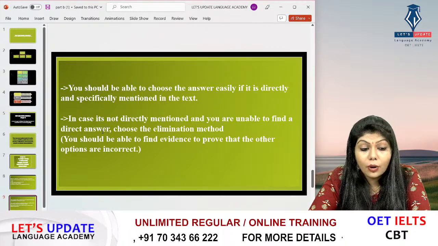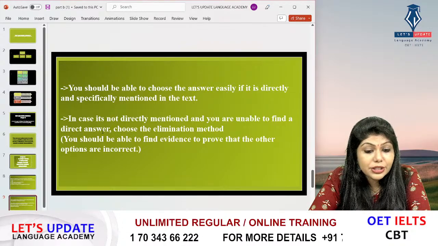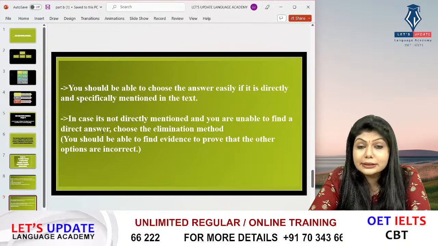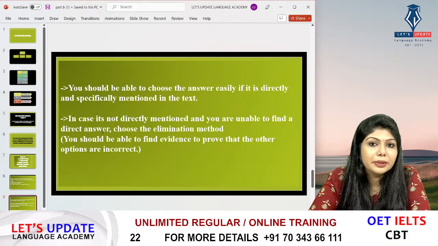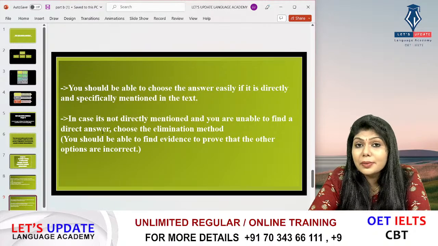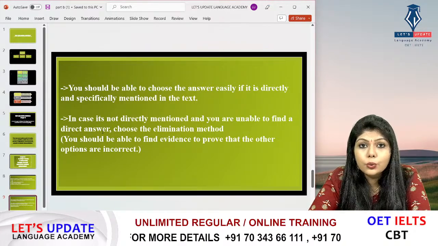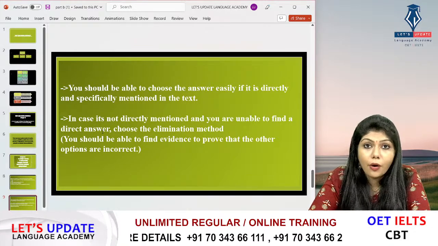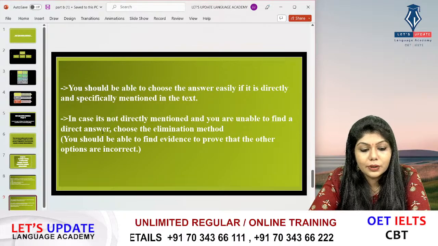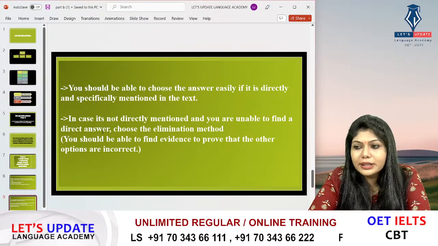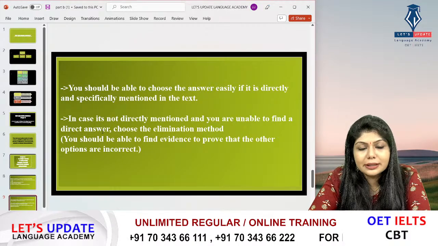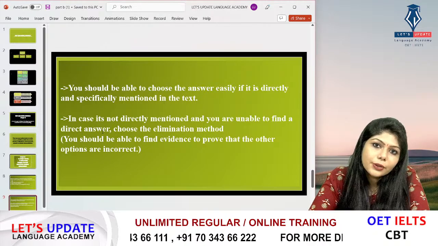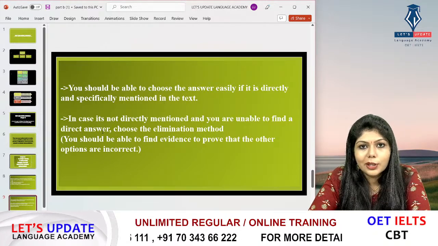But what if it's not directly mentioned, and you are unable to find a direct answer? Then you can choose the elimination method. In the elimination method, you get enough evidence to prove the other options wrong, and then you can reach the answer.